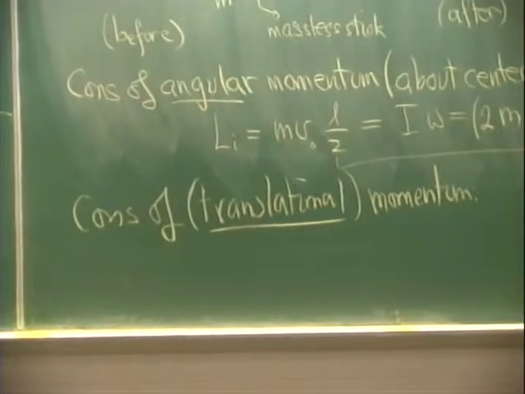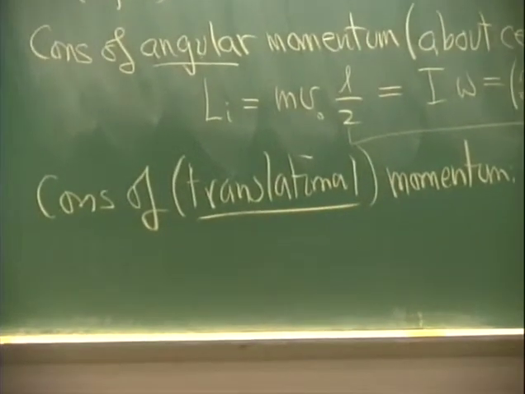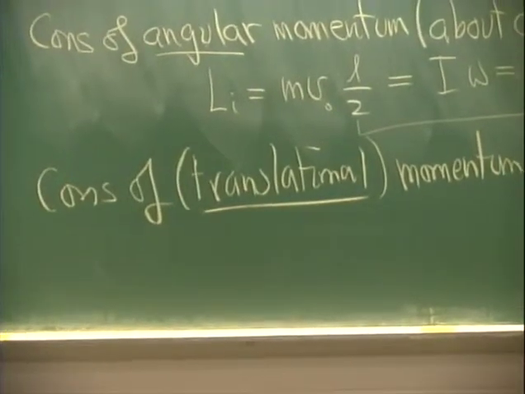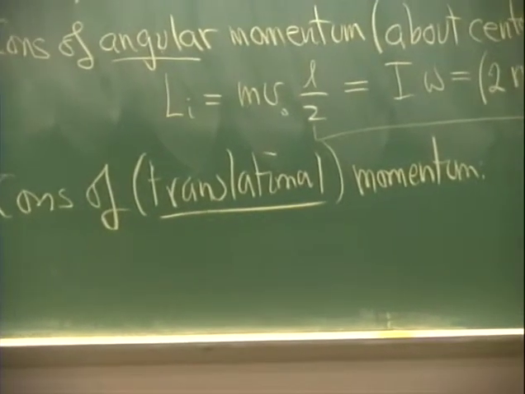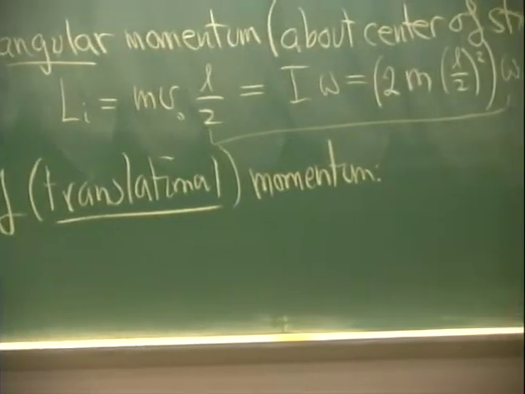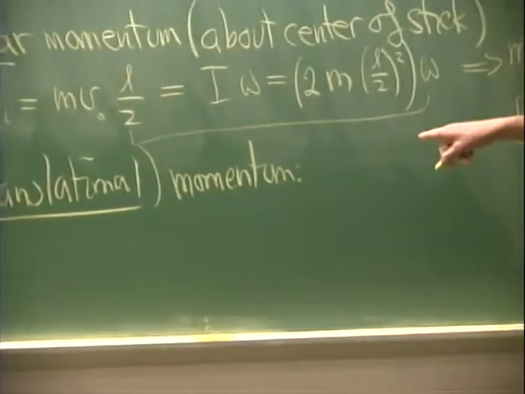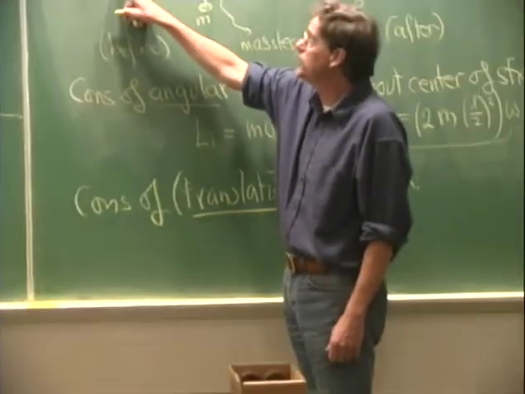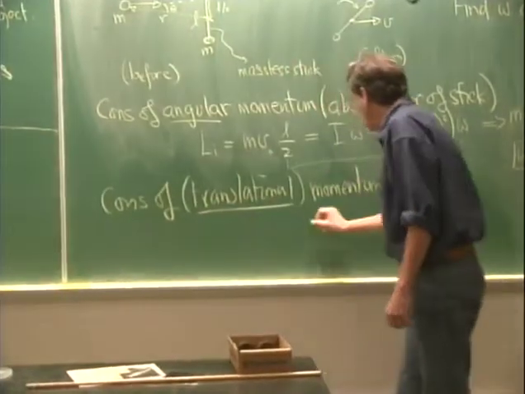Remembering that the center of mass of the system, which I cleverly chose to be the point about which I'm calculating the angular momentum, moves just as though all of the mass was concentrated there. So what was the momentum in the original situation? Just mv0.